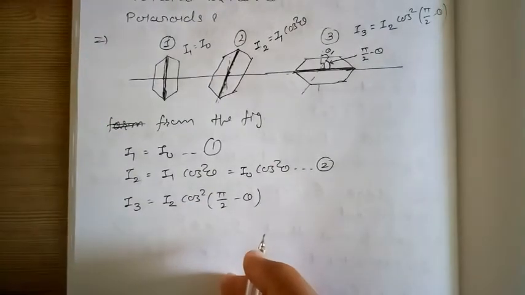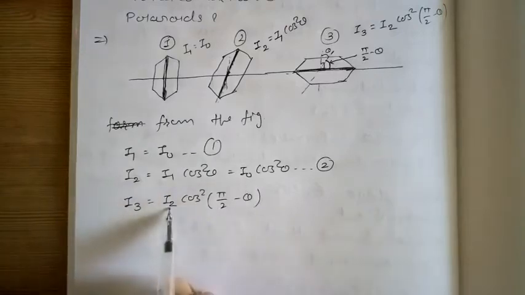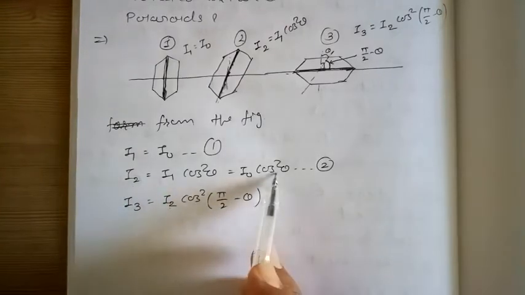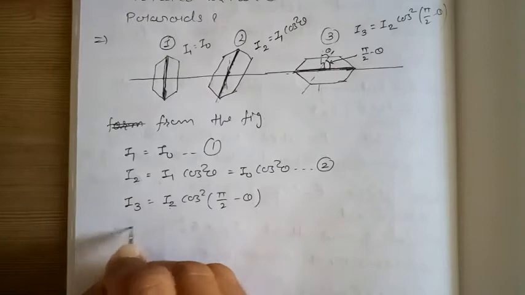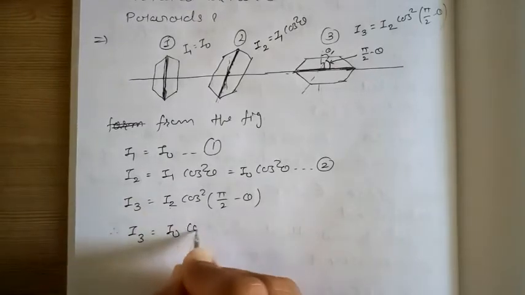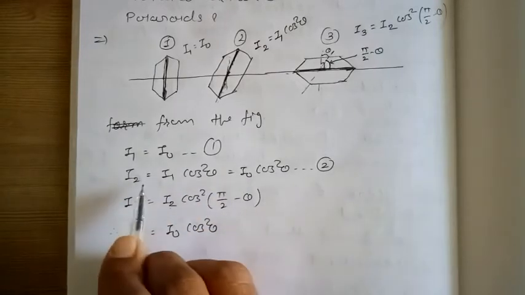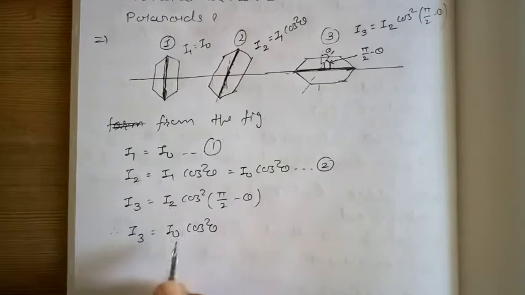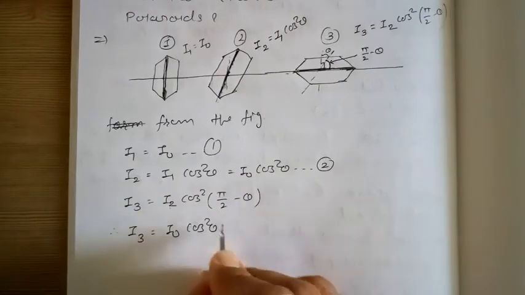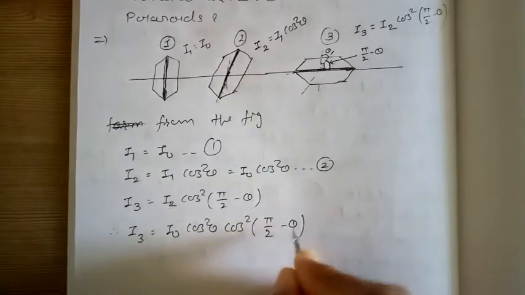But we know that I2 is equal to I0 cos square theta, right? So I3 is equal to the value of I2, I0 cos square theta, because you can see from equation 2 that I2 is equal to I0 cos square theta. So I3 is I0 cos square theta into cos square of pi by 2 minus theta.